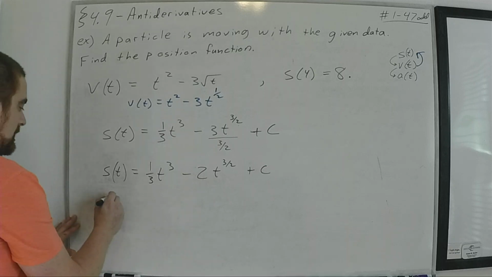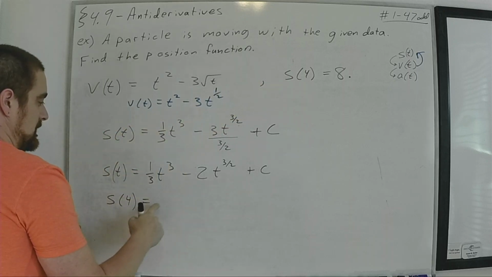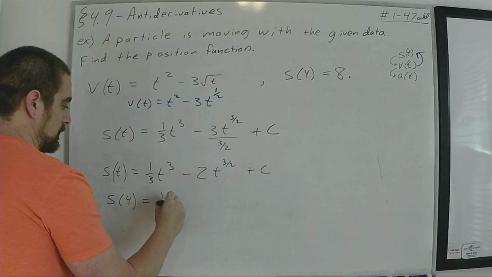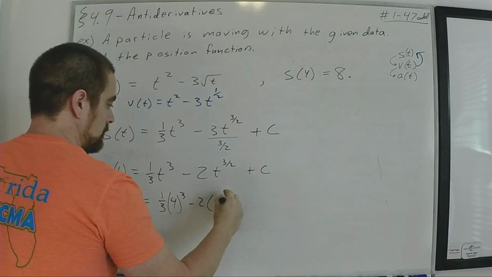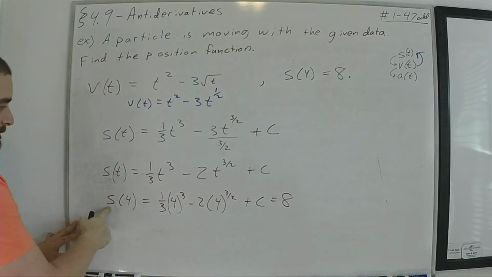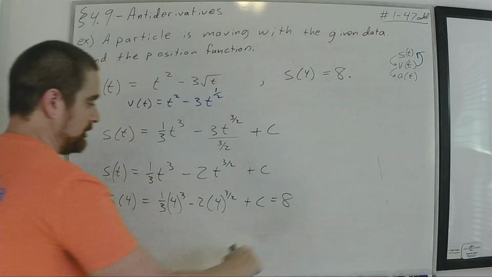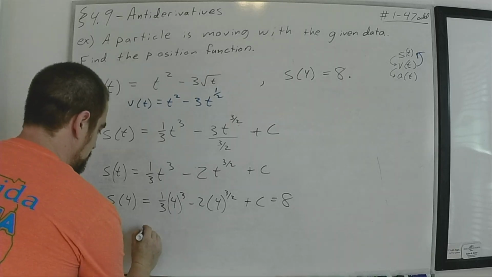Now we know that s of 4 is equal to 8. So I'm going to plug in 4. And I know that when I plug 4 into this most general form, it has to be equal to 8. So wherever I see t, I plug in 4. And now I can just simplify.